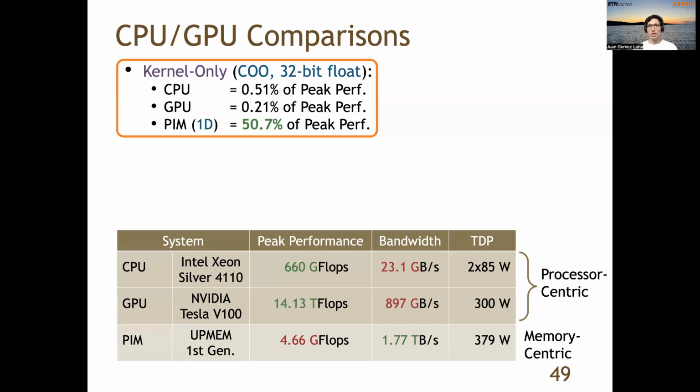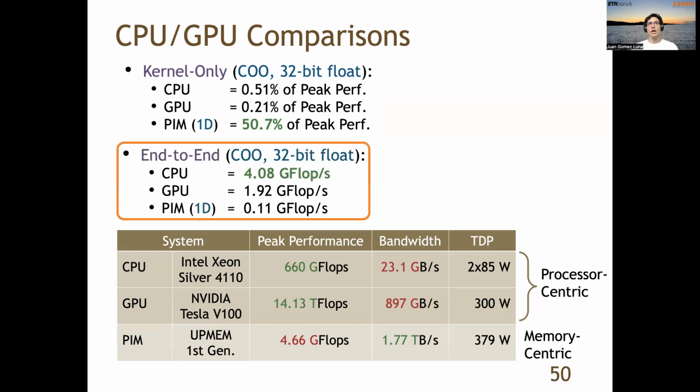In a PIM system, even if the overall performance might not be that high in some of the cases, at least we can see that peak performance and bandwidth are much better balanced for workloads like SpMV. We also perform an end-to-end comparison, including the data transfers. In this case, we are only doing one SpMV that requires input transfers and output transfers.